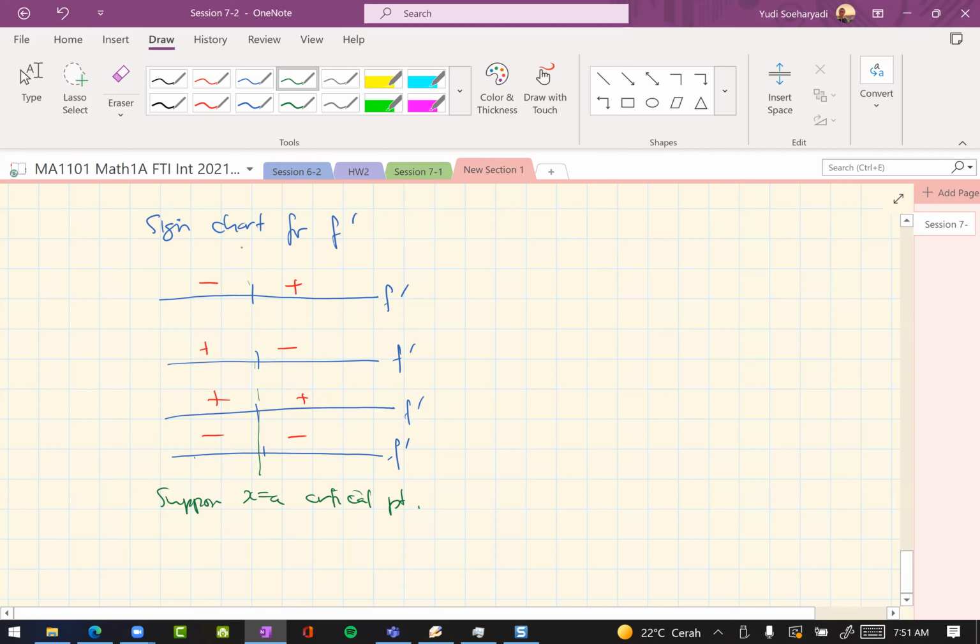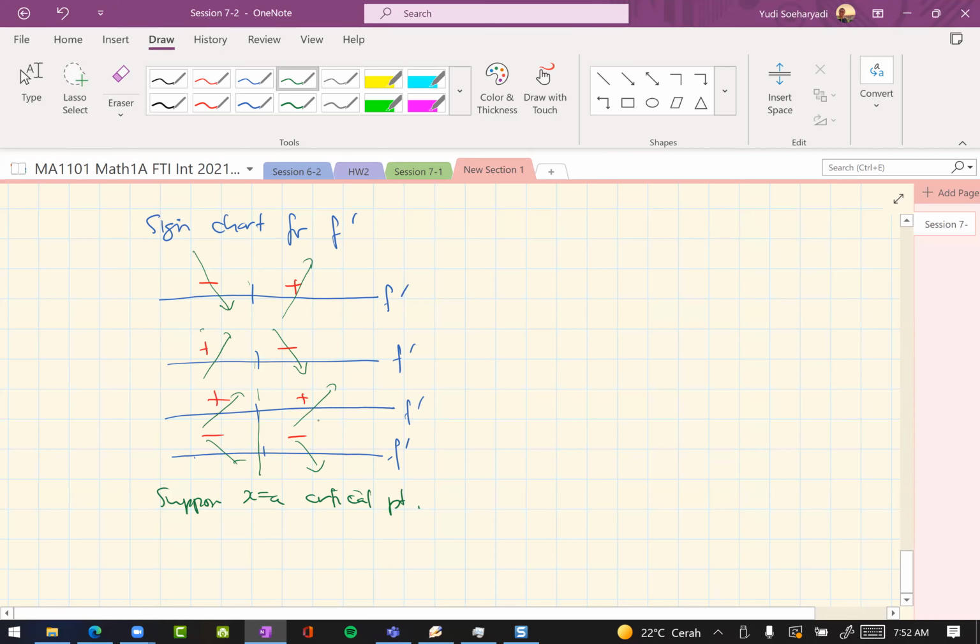Okay, and we have a sign like this one. So what we can say is that here you have this going down, then going up. This is going up and coming down. This is up and up. This is down and down.